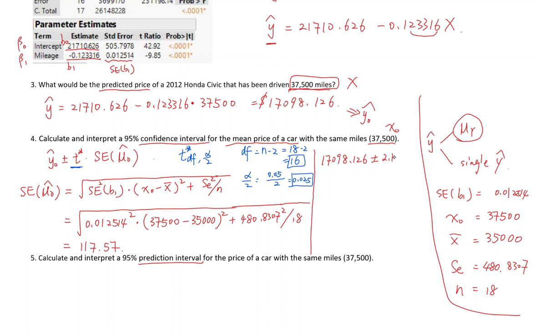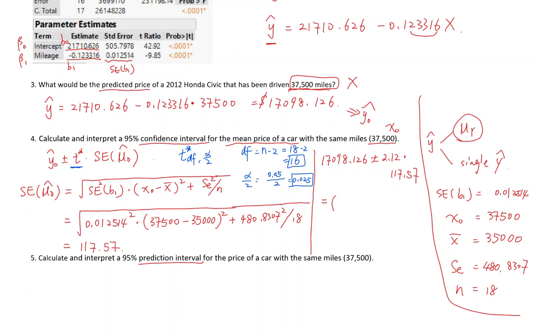So it will be 2.12 times the standard error of y0 hat, which is 117.57.